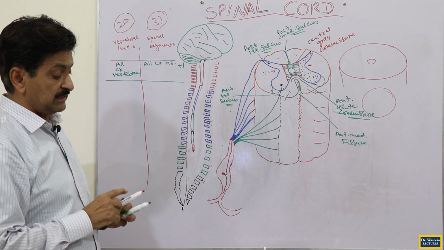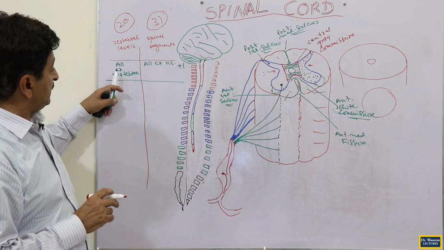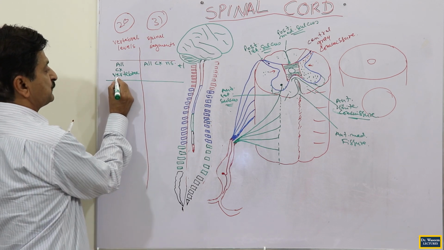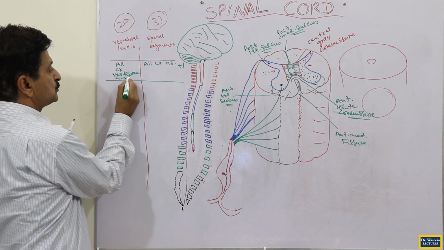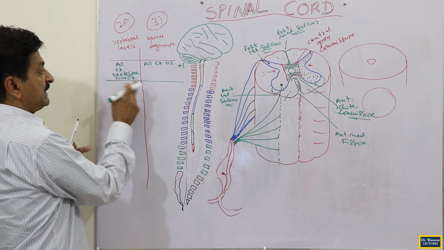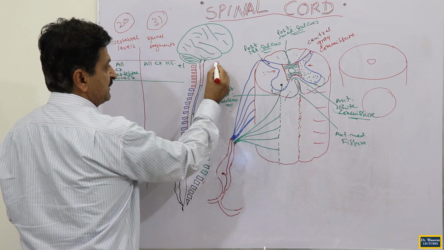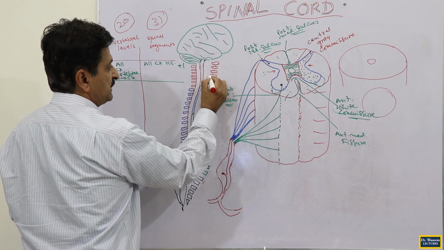You ask, sir, what does this plus 1 mean? We have a total of 7 cervical vertebrae, from C1 to C7, shown here in red.